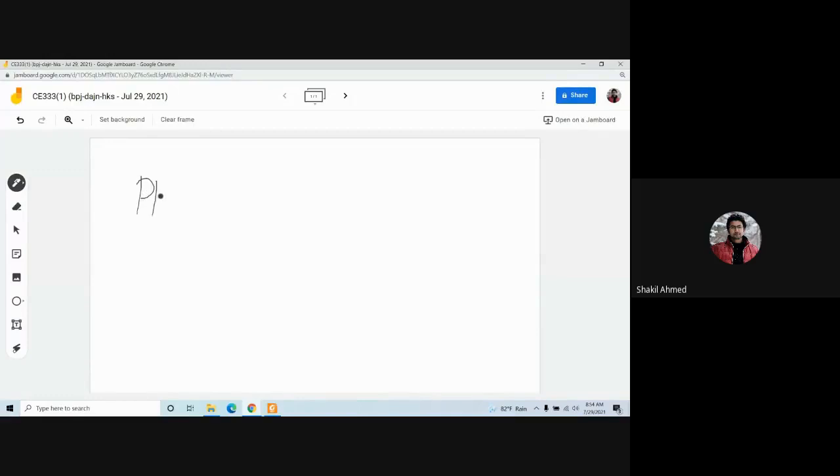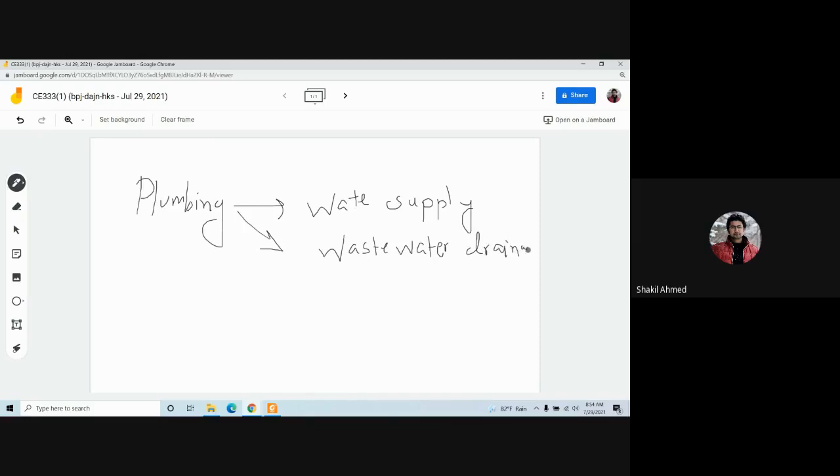Plumbing system refers to the water supply system, that means fresh water supply system, as well as wastewater drainage system. Clear, guys? So, both.